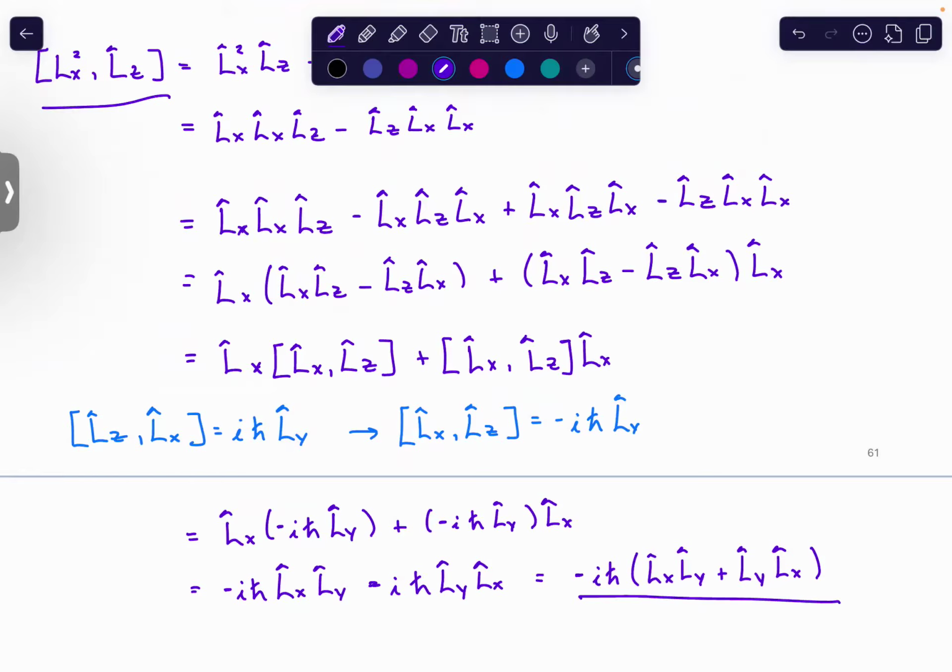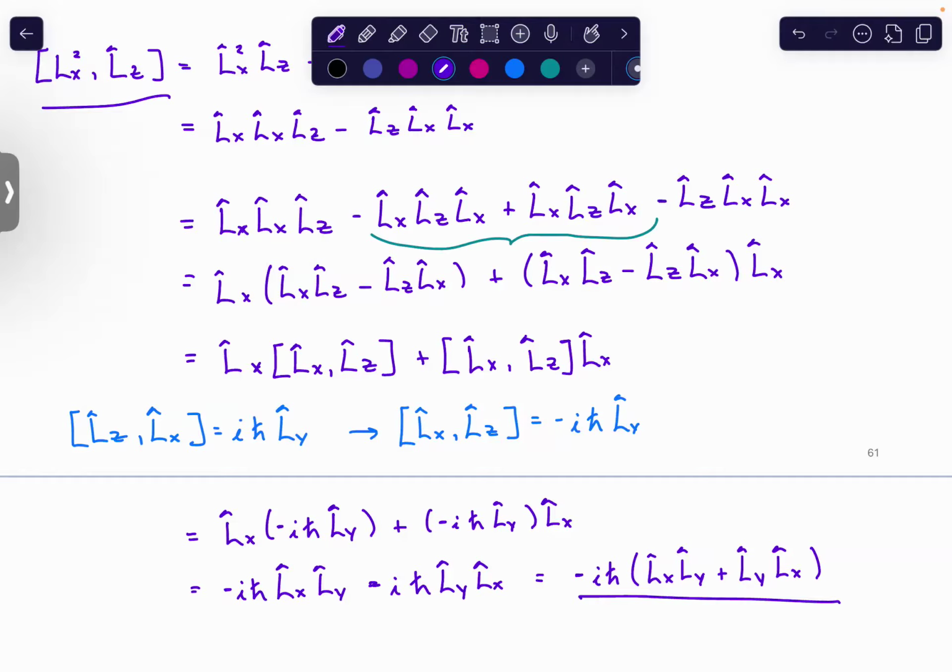Now I want to do this again for the Ly squared Lz, so you get the hang of that zero in the middle. Again, you saw that; if you look right here, that's just zero. I want you to get the hang of what to look for, because I needed something where I could factor out that Lx operator on the front of two different terms and still end up with a commutator.